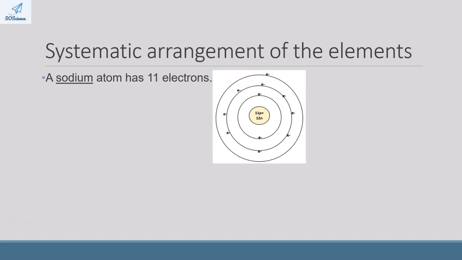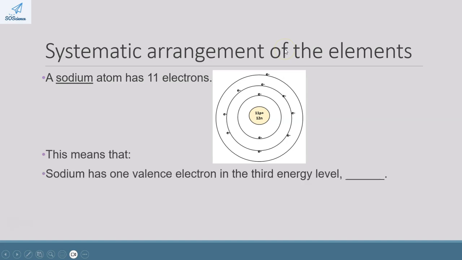Let's look at a sodium atom. Sodium has 11 electrons. So the first energy level, n equals 1, is full with 2 electrons, and n equals 2, the second energy level of sodium, is also full with 8 electrons. And then we have the third energy level that has the 11th electron. So this means that sodium has 1 valence electron in the third energy level, which is n equals 3.